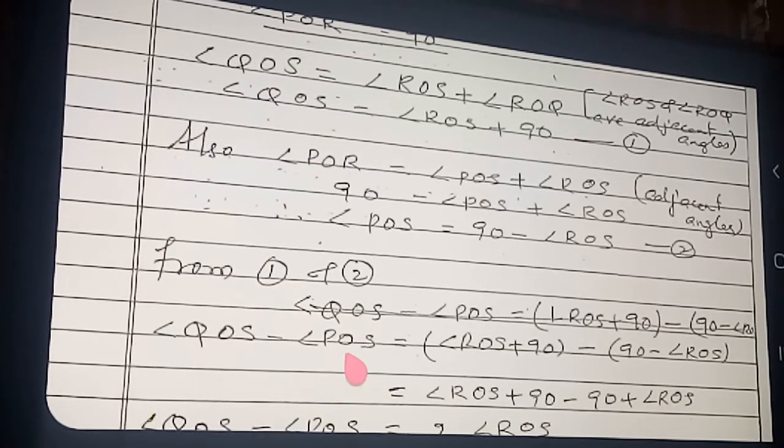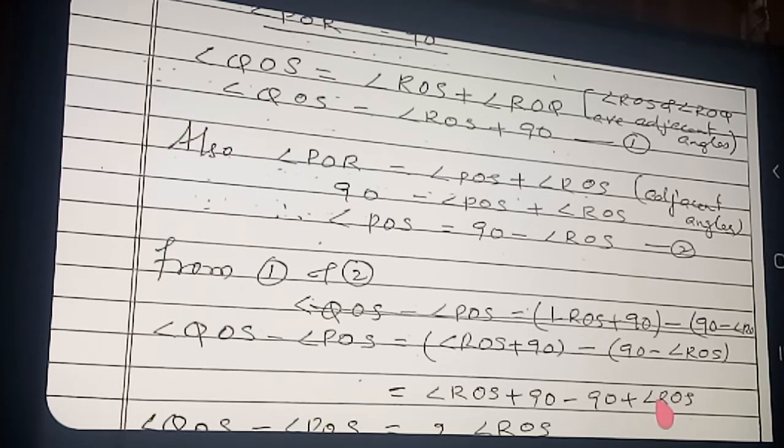So see here. QOS minus POS is equal to, what's the value of QOS? ROS plus 90. Put it in a bracket always, minus, what's the value of POS? 90 minus ROS. Is it clear? Now open the bracket. ROS plus 90, when minus goes inside the bracket, the sign will change. So minus 90 plus ROS.